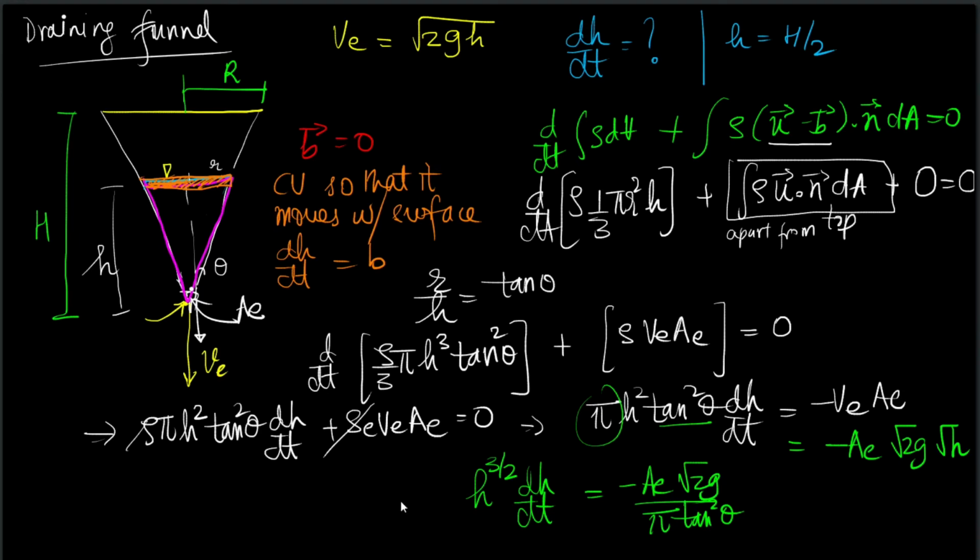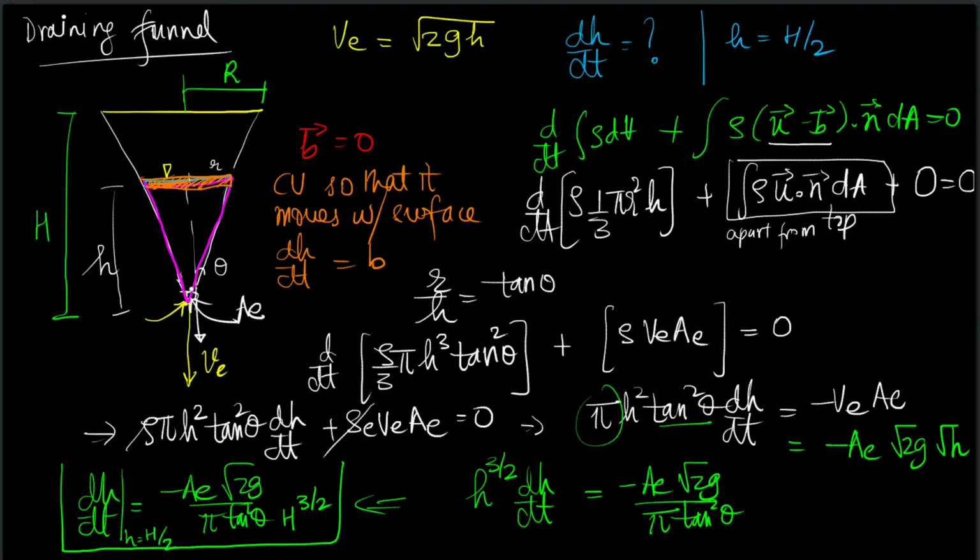And this implies dh/dt at h equal to capital H upon 2 is equal to minus Ae square root of 2g upon pi tan square theta times capital H raised to 3 by 2. Okay, so this is the final expression for the rate of change of the liquid level when the height is equal to H upon 2.